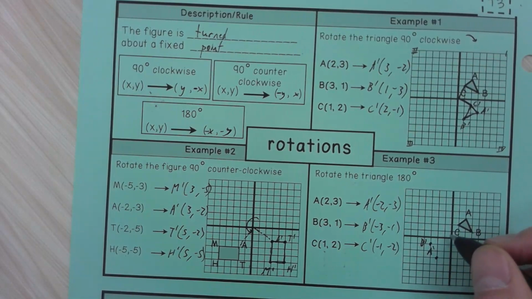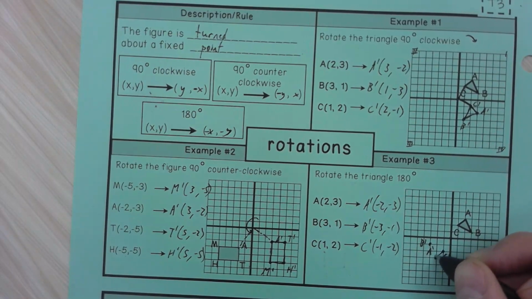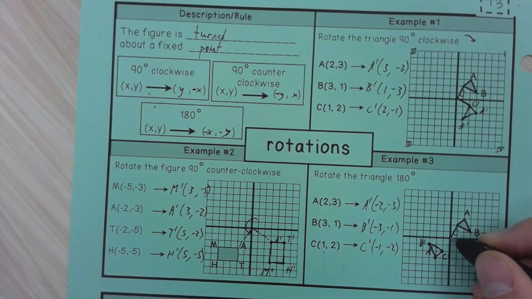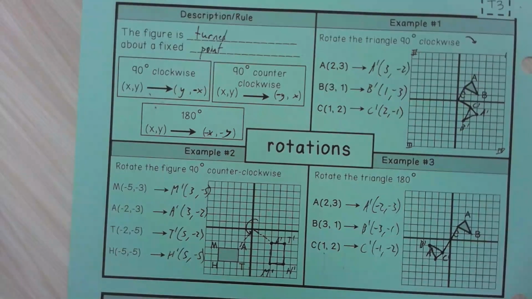And C was at 1, 2, so C prime is going to be at -1, -2. Notice how it's completely turned around 180 degrees. If I connect any point in the pre-image with the point of rotation, the origin, and any point in the image with the point of rotation, notice they form a straight angle, 180 degrees.